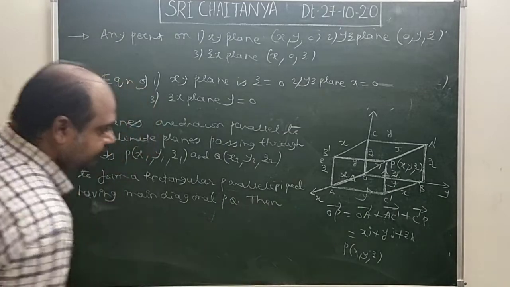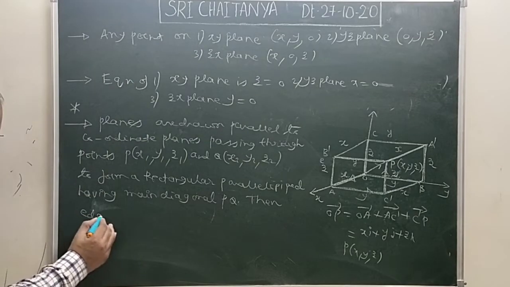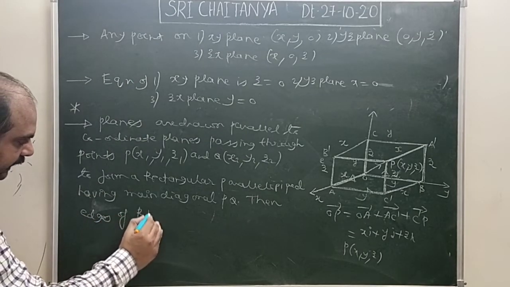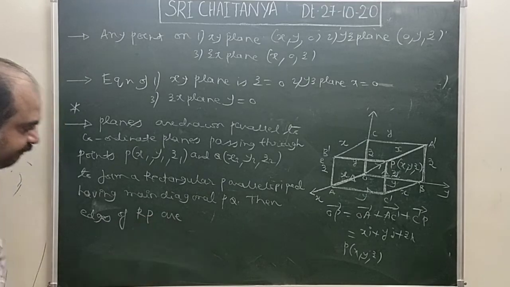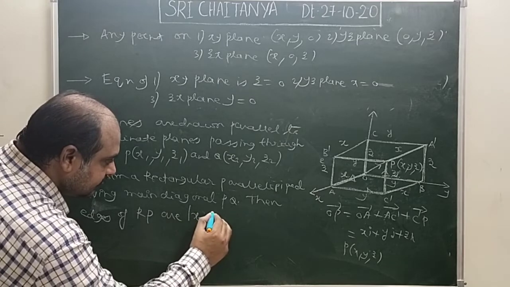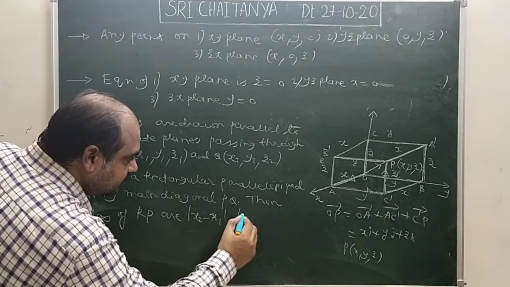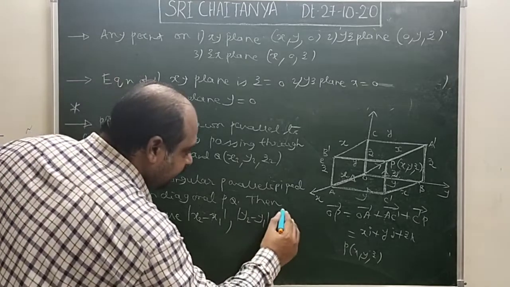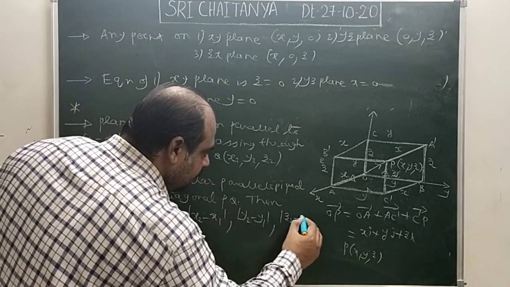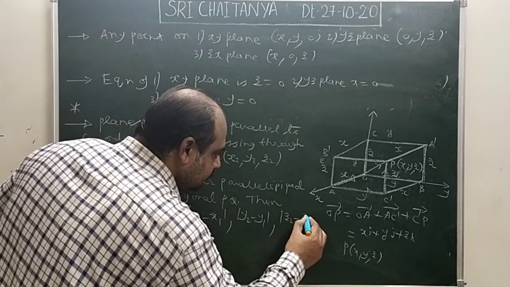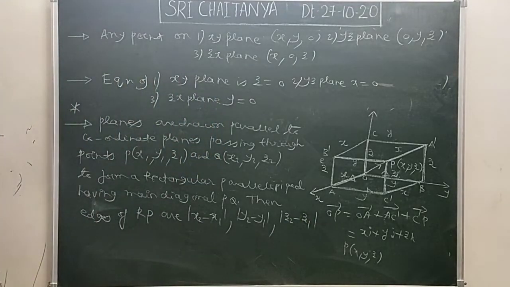Then the edges of the rectangular parallelepiped are modulus x2 minus x1, y2 minus y1, z2 minus z1. Look at here, what is the meaning of this?